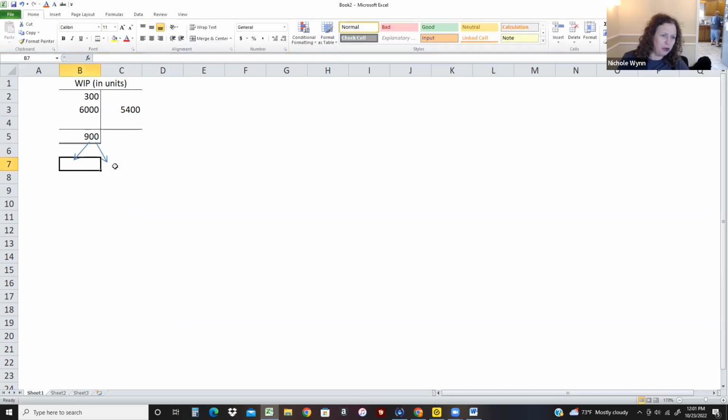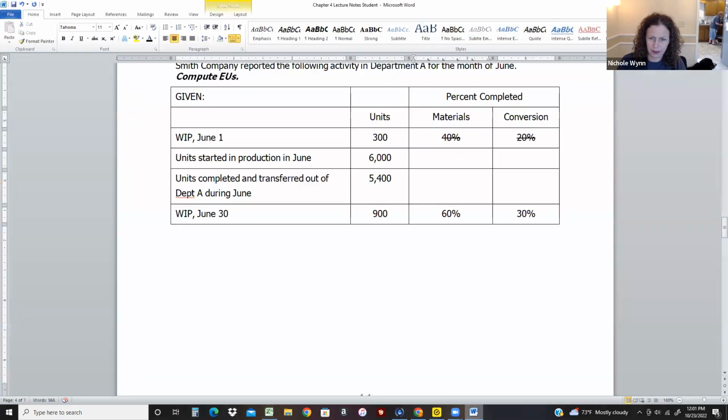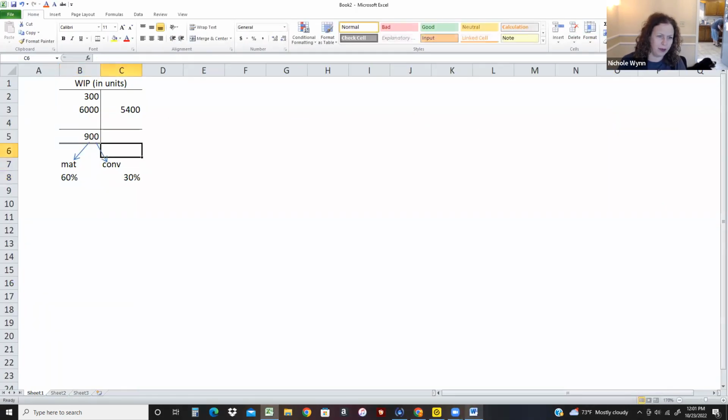Okay. So for material, I have a different percentage than I do for conversion. So for material, I am 60% complete. And I'm going to move that to the left so it lines up nicer. Okay. And for conversion, I am 30% complete. Okay.